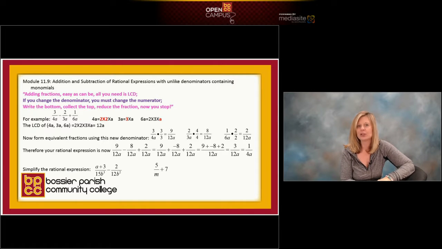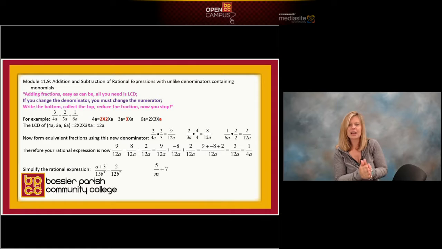I multiply by 2. So take your numerator 1 and multiply it by 2, and you get a 2. So now that new equivalent fraction is 2 over 12a. So now that I have my 3 new equivalent fractions, I rewrite this expression. It will now be 9 over 12a minus 8 over 12a plus 2 over 12a. Everybody agree?